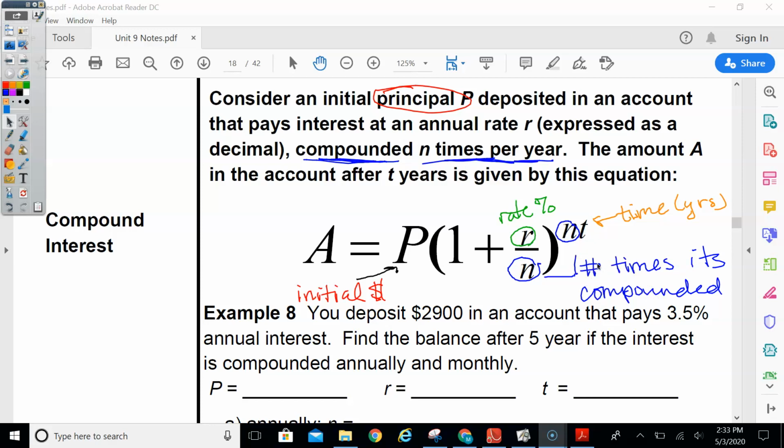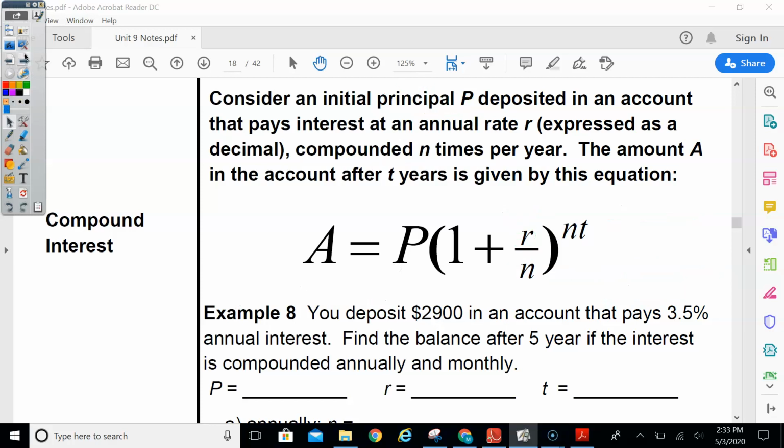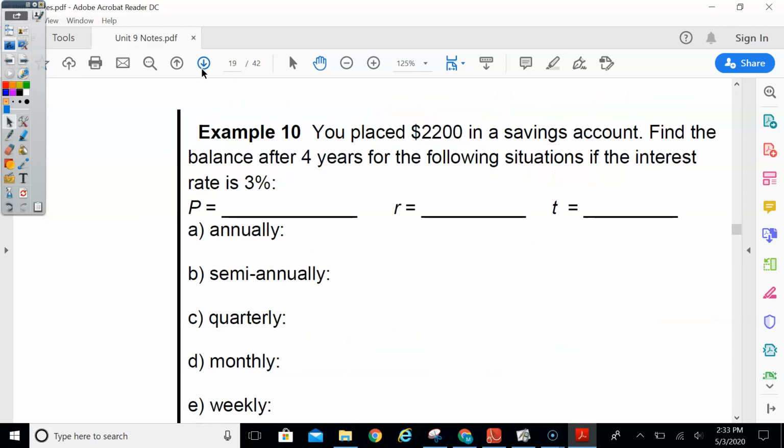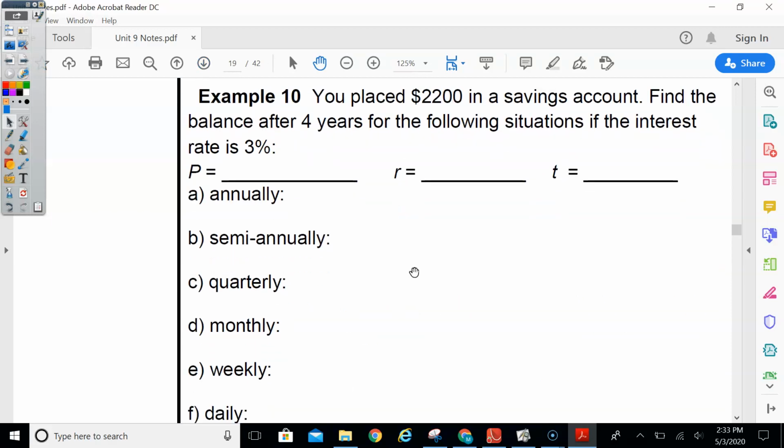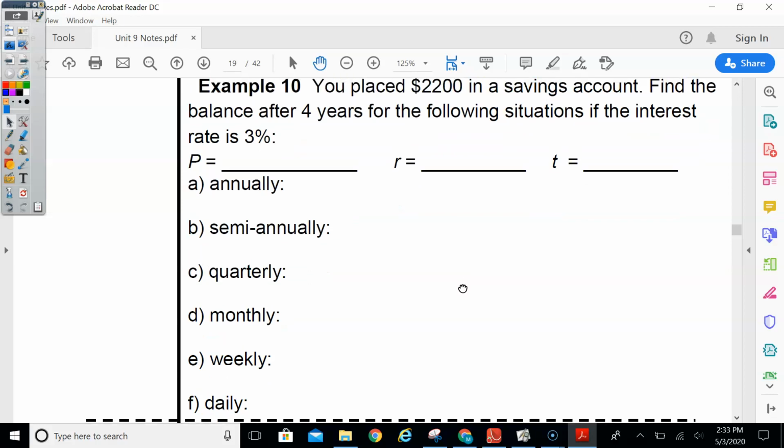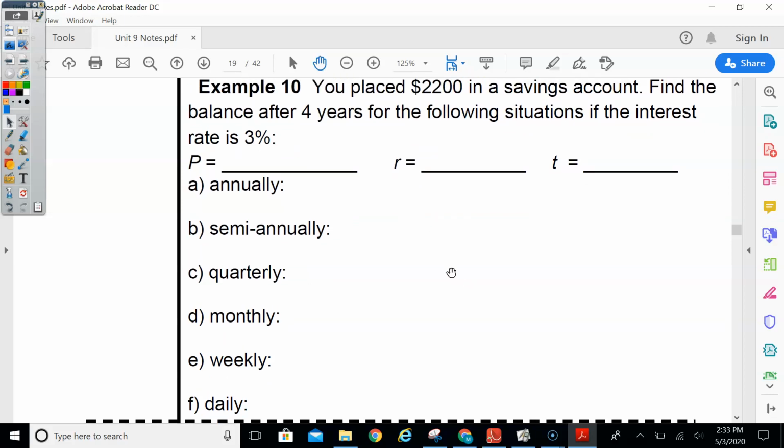There are going to be several words. We're going to talk about all of them at once, and then we'll come back and do these individually. I'm going to skip to an example that has the compounded times we see most often.